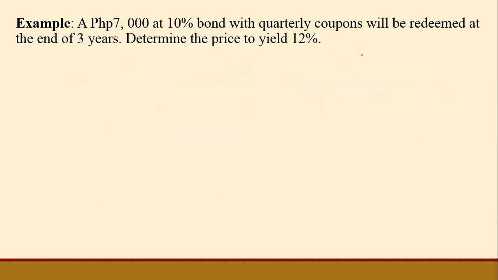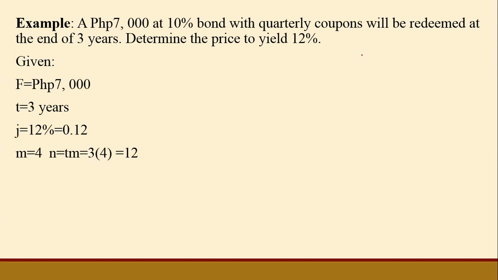A 7,000 pesos at 10% bond with quarterly coupons will be redeemed at the end of 3 years. Determine the price to yield 12%. All right, so for our given, so we have the face value na 7,000, time na 3 years. Nominal rate is 12%. Number of conversion, 4. And then yung N natin is 12. Number of payment.